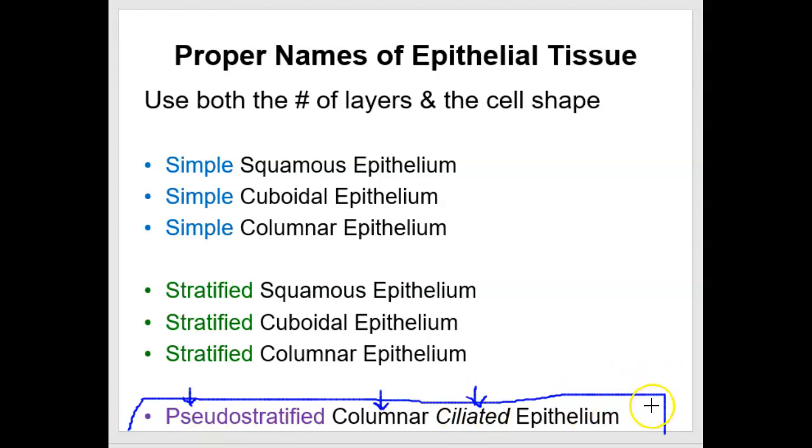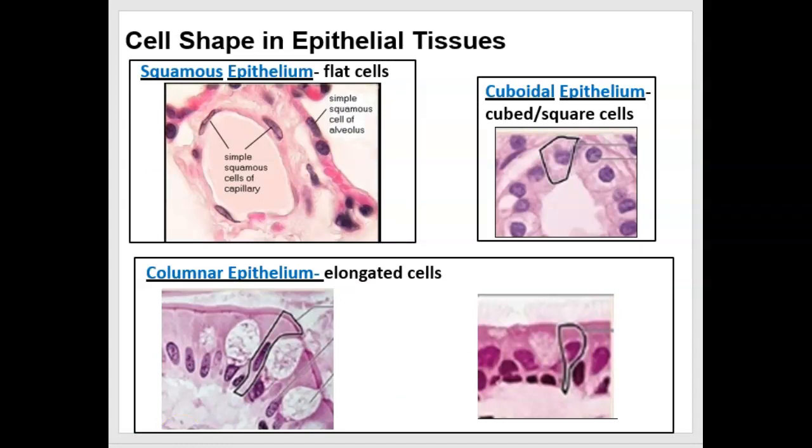So there's 4 words for the tissue that lines the trachea: pseudostratified, columnar, ciliated epithelium. So I'm going to go back to this for just a second. It seems like there was something I needed to tell you about pseudostratified ciliated columnar epithelium, and I cannot remember what it is. Well, we'll just let that go. So that's how you properly name the tissues.